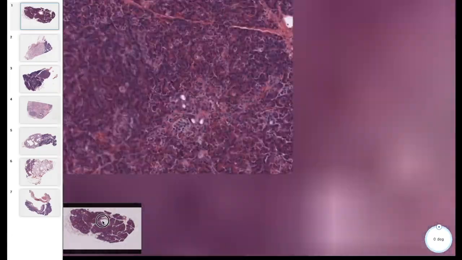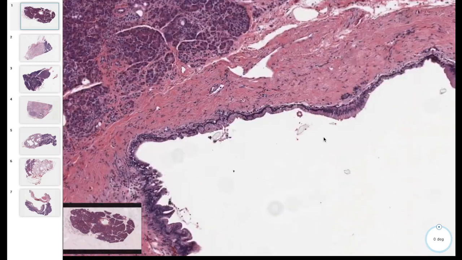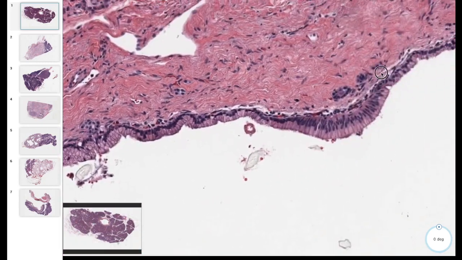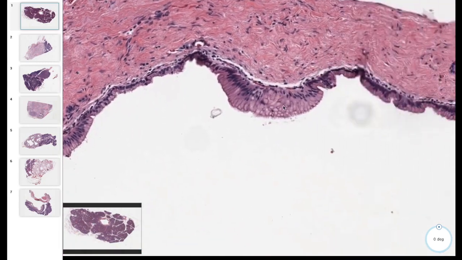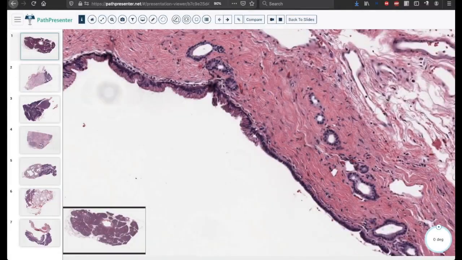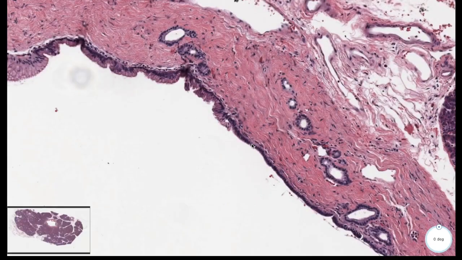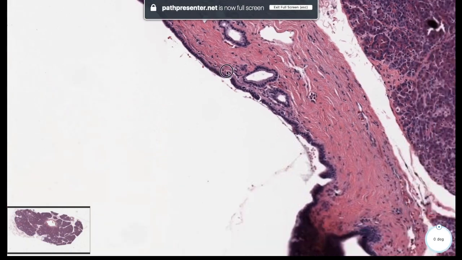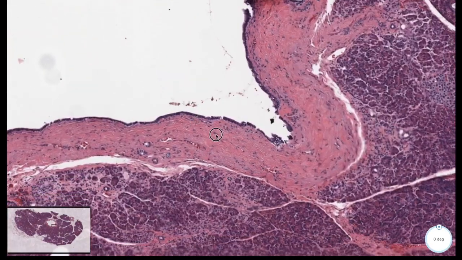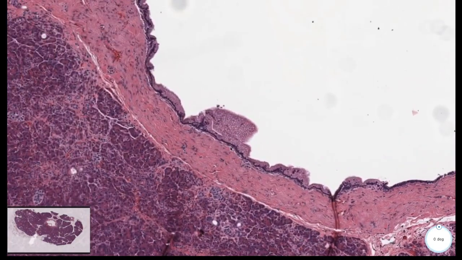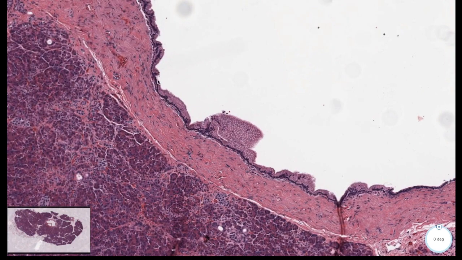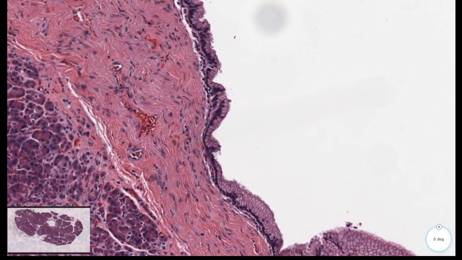Let's take a look at the other ducts in question. We can take a look over here. Again, generally, oh no, what happened? Let's go back to full screen. Yeah, we could see more ductal structures, but you could appreciate that a lot of the epithelium, the nuclei are very, very orderly.